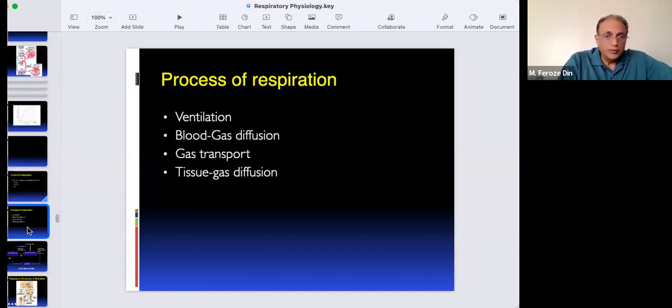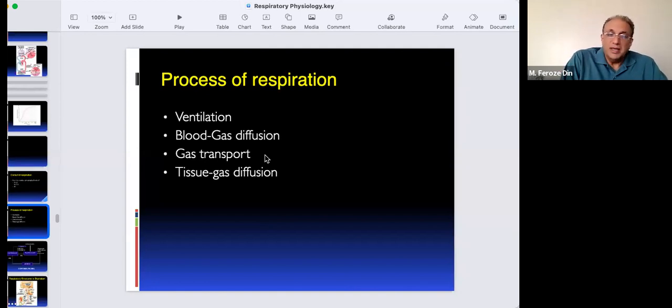We looked at those four processes. What is important for you to understand is that in all these processes, blood gas diffusion is basically physics. As long as there is enough partial pressure of the gas on one side as compared to the other, diffusion will take place according to Fick's law of diffusion. Gas transport is largely the responsibility of the cardiovascular and hemopoietic systems.